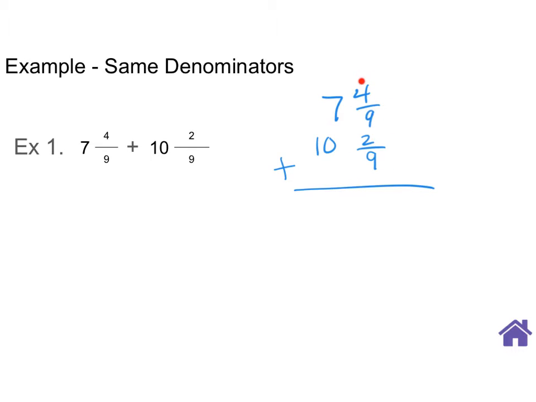We know how to add 4/9 and 2/9. So 4/9 plus 2/9, I just add the numerators together, which is 6/9. And then I just add my whole numbers. So I'm going to add the 7 and the 10, and when I add 7 and 10, I get 17.